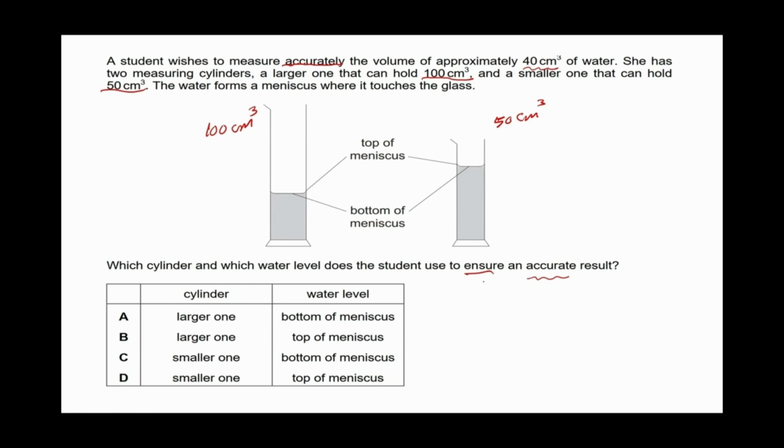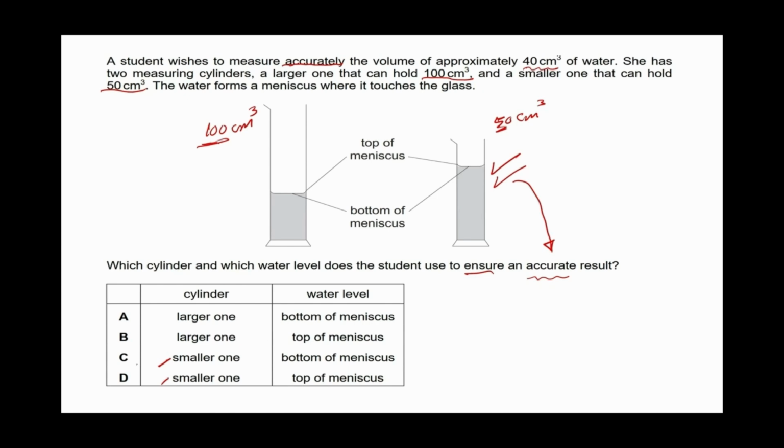For example, this is 50 cubic centimeter and this is 100 cubic centimeter. This can hold up to 50, so it can hold 40. This means this is the best to be used to get an accurate result. This is one thing. So we will choose the smaller one.